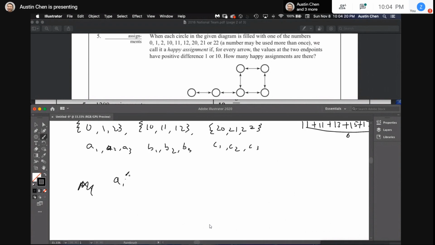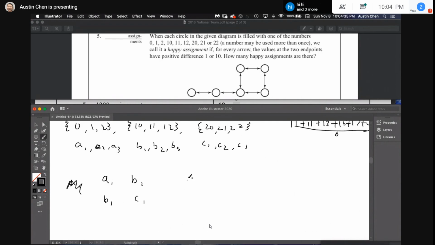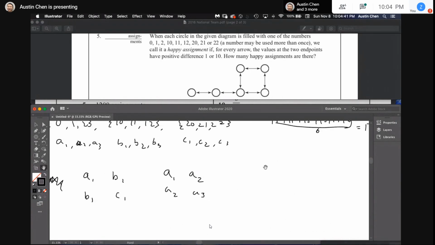If we have A1, where can we go? We can go to B1, then C1, come back to B1, and then we're at A1. Another option: go to A2, A3, A2, and back to A1. Or go to A2, B2, then back to A2 and back to A1.